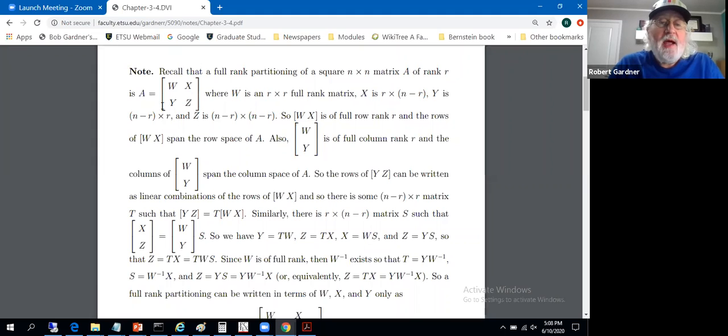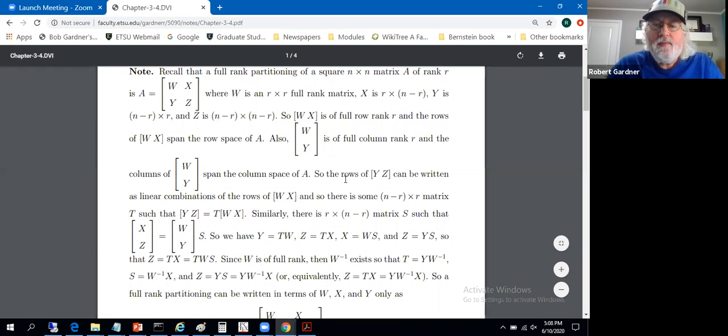So the bottom half rows don't contribute anything new, linear combination-wise, to the row space, and the rows in the bottom half can be written as linear combinations. They're in the span of the rows in the top part.